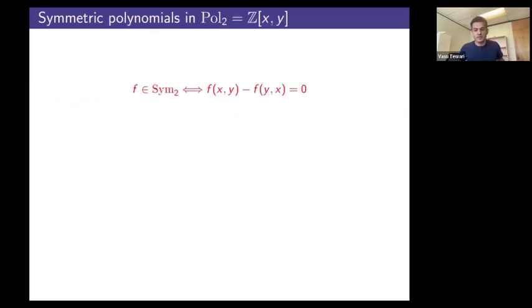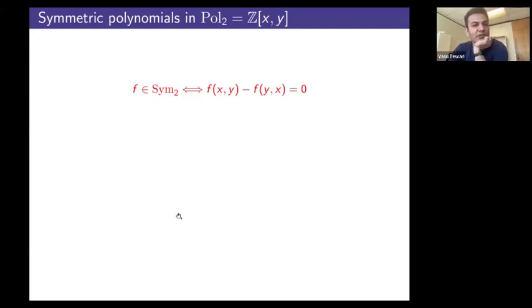Knowing well that understanding the action of the symmetric group amounts to understanding what's happening with simple transpositions, we can just focus on the case of two variables, because I think this is instructive. A polynomial is symmetric in two variables if you can swap and take differences, and you get 0, right?